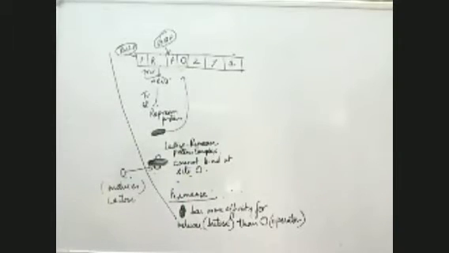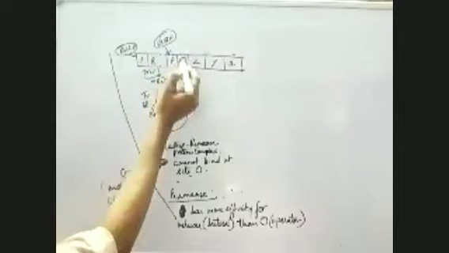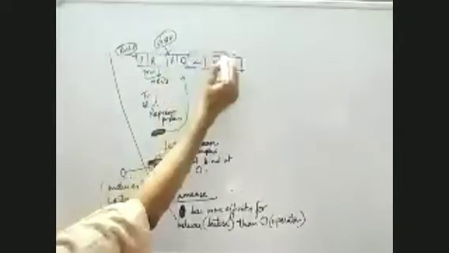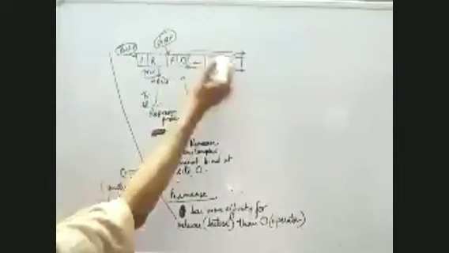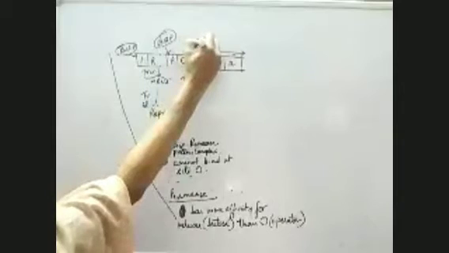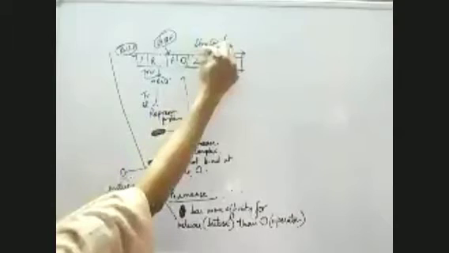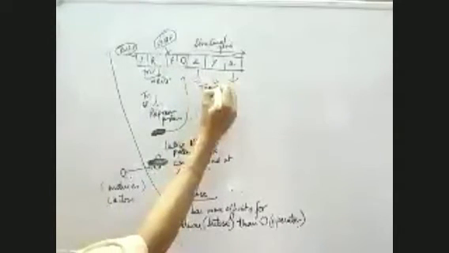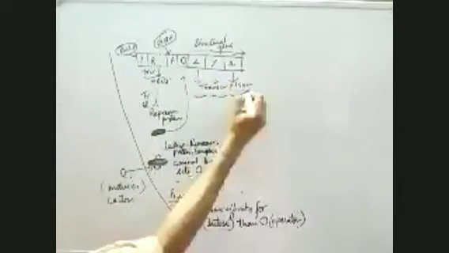When it will not bind here, what will happen? For the RNA polymerase, which is here, there is no hindrance, and it will slide over the structural gene. When it slides over this structural gene, transcription will take place. And as a result of transcription, what will be formed?